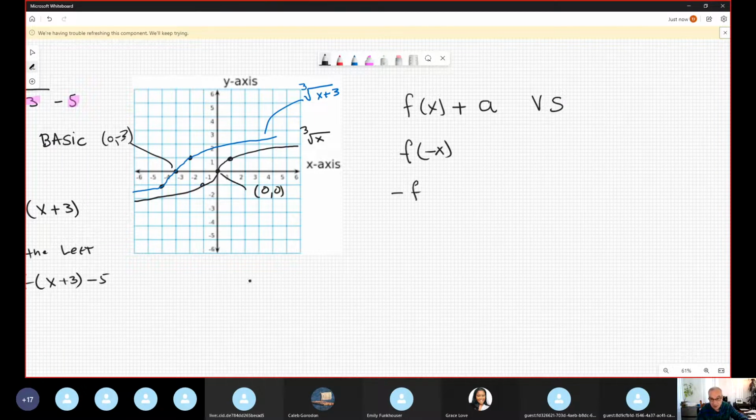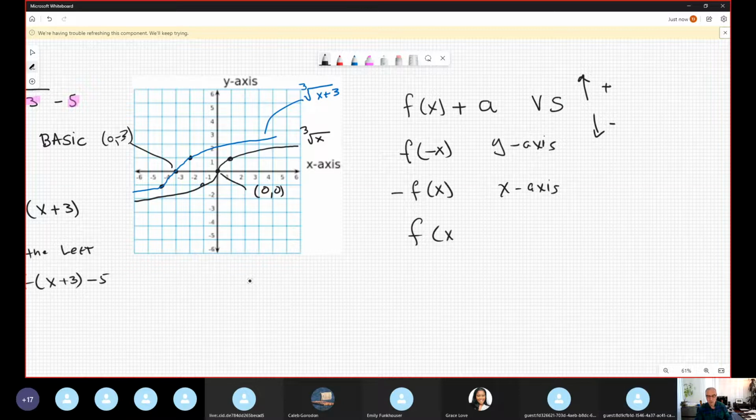Another reflection is f of minus x. This one is about the y-axis, and this one is about the x-axis. So reflection indicates multiplication by negative 1. And vertical shift is addition, plus or minus: upward, positive; downward, negative. Make sense?